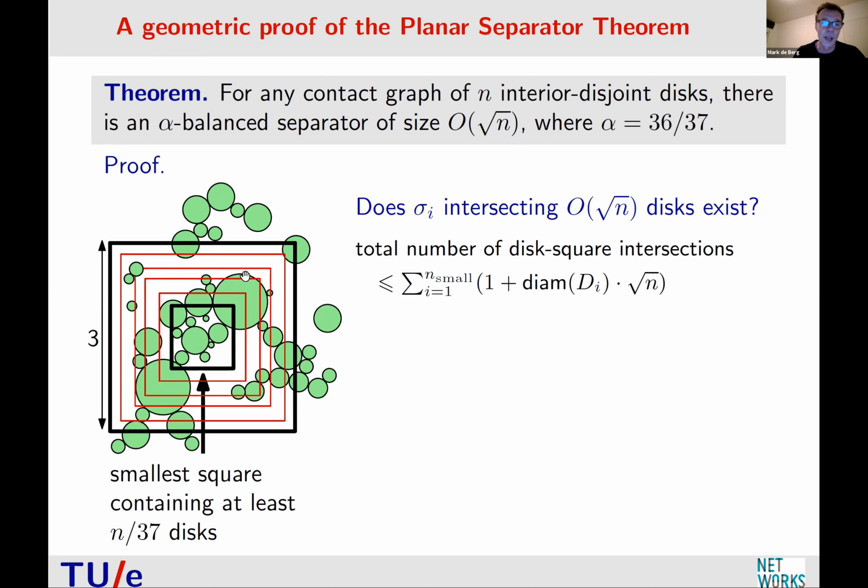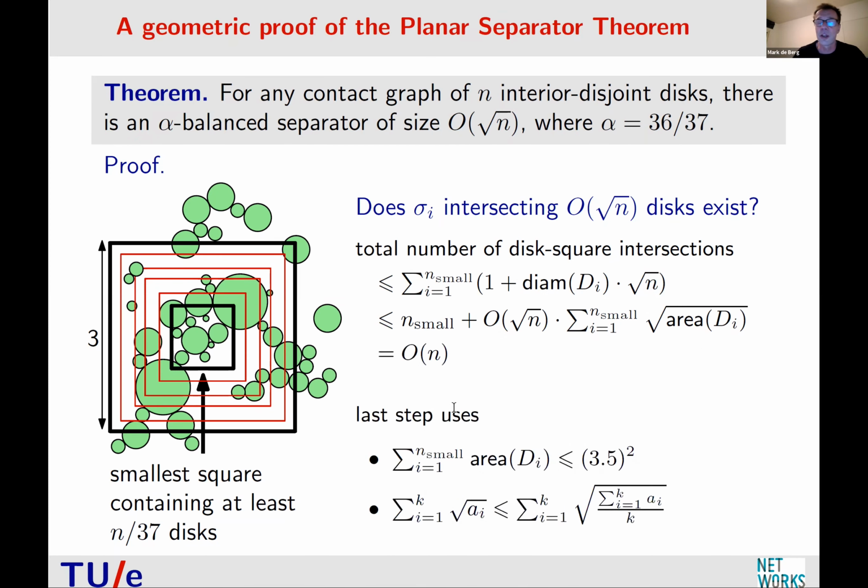And the number that you get is the diameter times square root of n. So that means if I rewrite the sum, I simply get a linear term plus square root of n times, well, the diameter, which is the square root of the area, roughly, or it's at most.